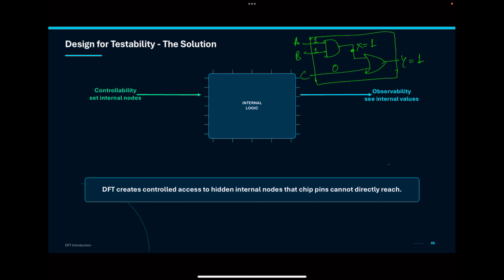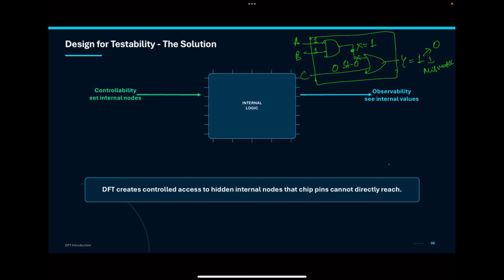So how do controllability and observability help me to find a fault? Let's take stuck-at-0 as an example. If this wire is stuck at 0, what will happen? The output will change to 0 because 0, 0, 0. So the expected value was 1 and there is a mismatch here.